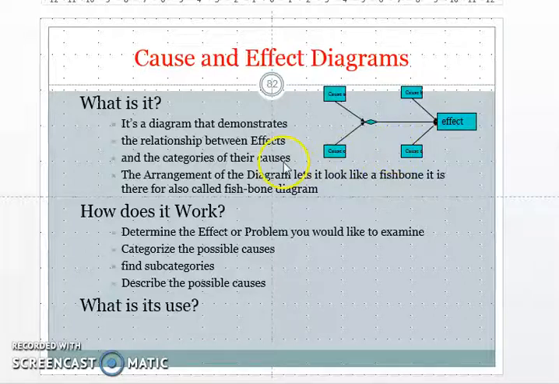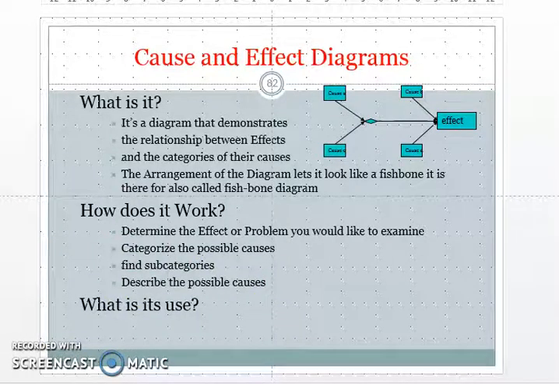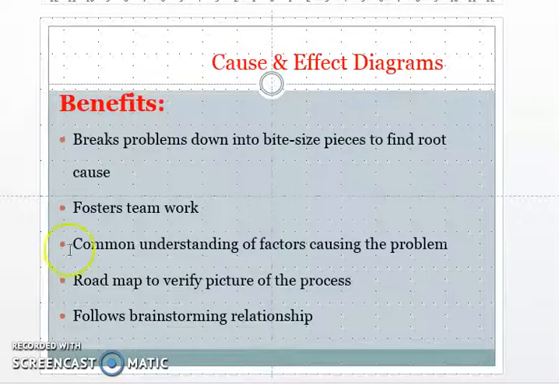And how to find the subcategories? In the example you will understand what the subcategories are, and describe all possible causes. The benefit is given in the next slide. Just see what the benefit is.